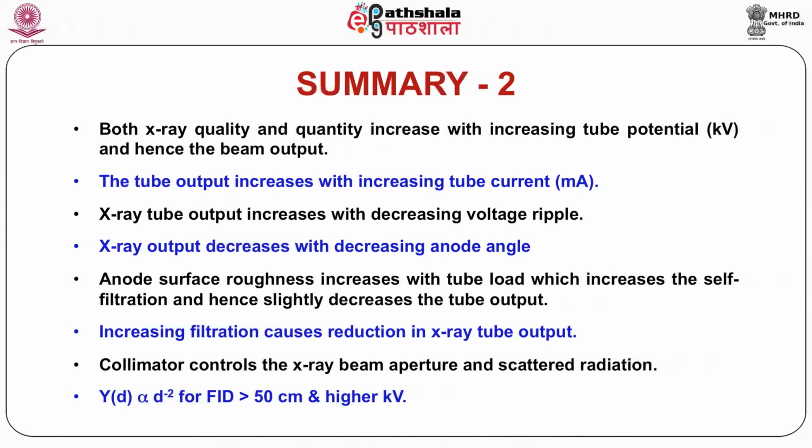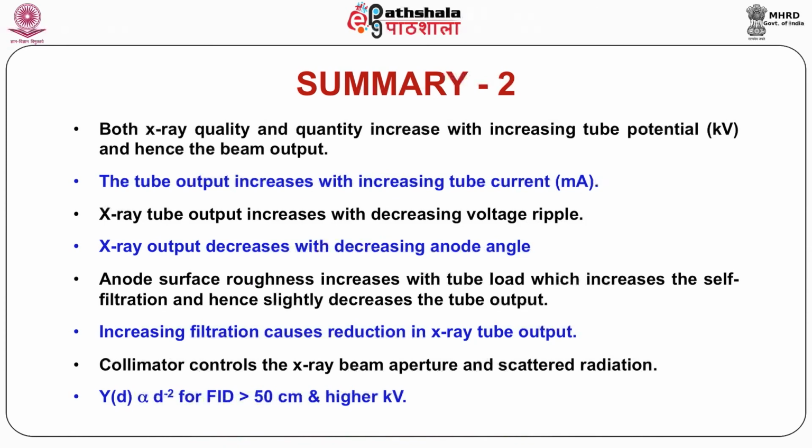X-ray output decreases with decreasing anode angle. Anode surface roughness increases with tube load, which increases the self filtration and hence slightly decreases the tube output. Increasing filtration causes reduction in X-ray tube output.